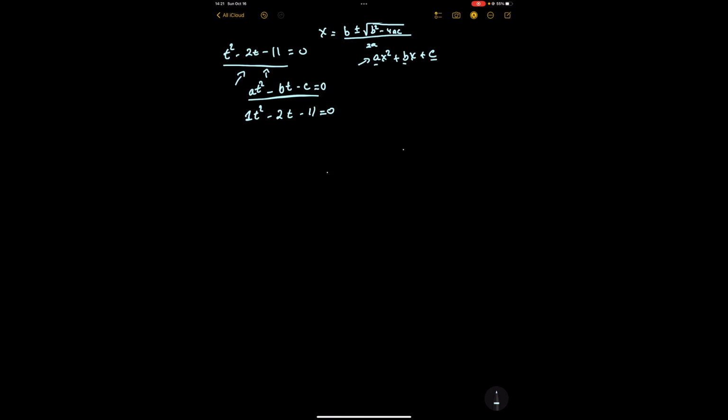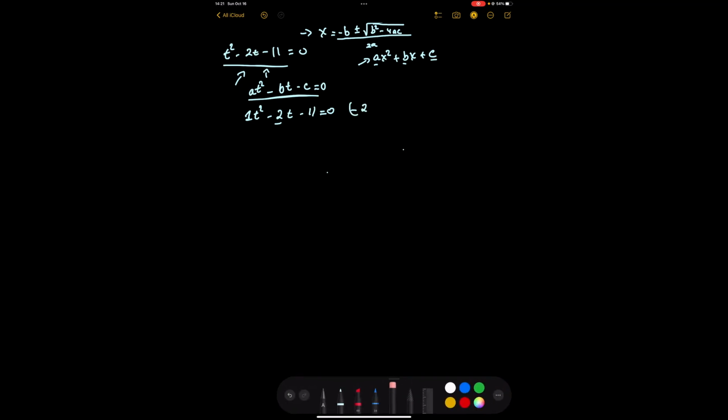So looking at the solution to the formula, what would it be? Well, what is b? b is negative 2. And actually, the formula starts with negative b, my bad.